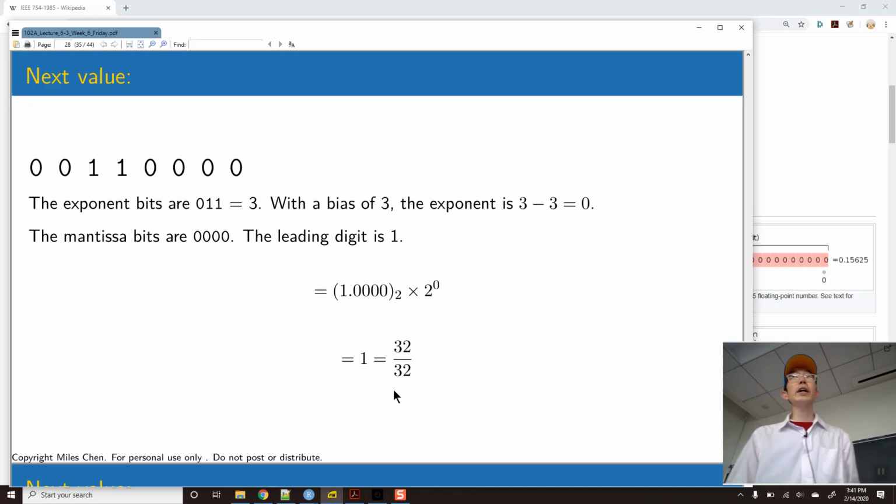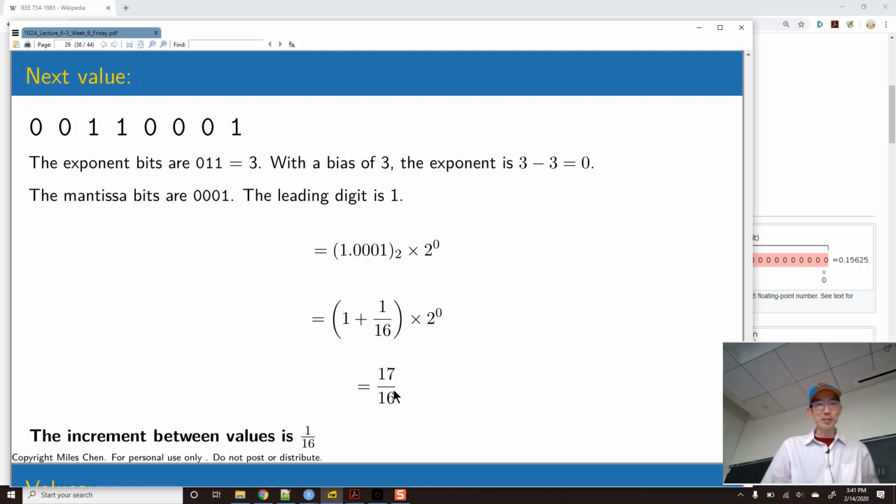What is the next value? If I add 1 bit to this, what will that become? If I add 1 bit to this, I will get 1 and 1/16. There we go. All right.